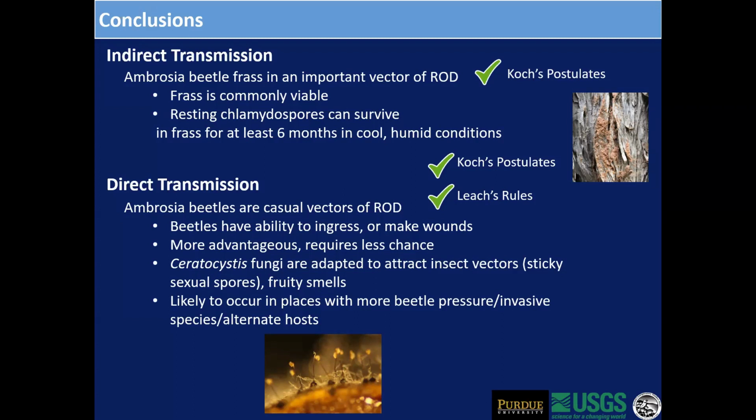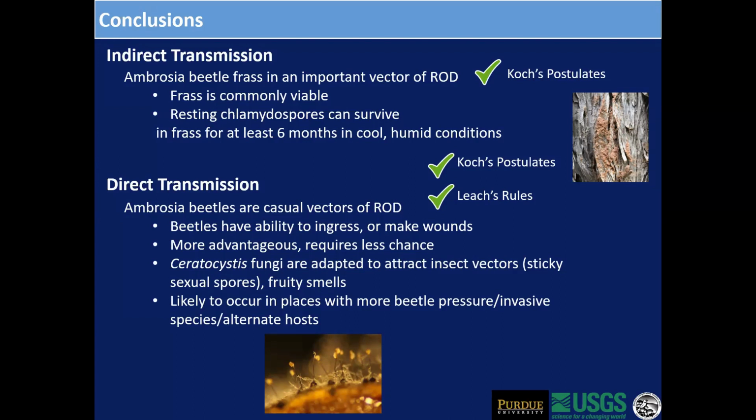We found that there are resting chlamydospores within frass particles that can survive for at least 6 months in cool and humid conditions. And in the direct transmission studies, we completed both Koch's postulates and Leach's rules, and have found that ambrosia beetles are what we call casual vectors of ROD.